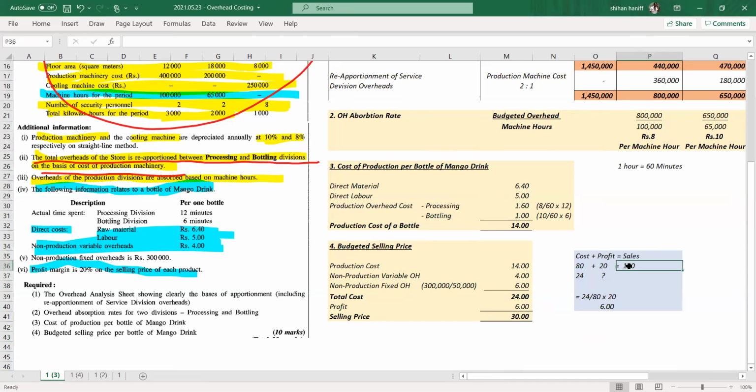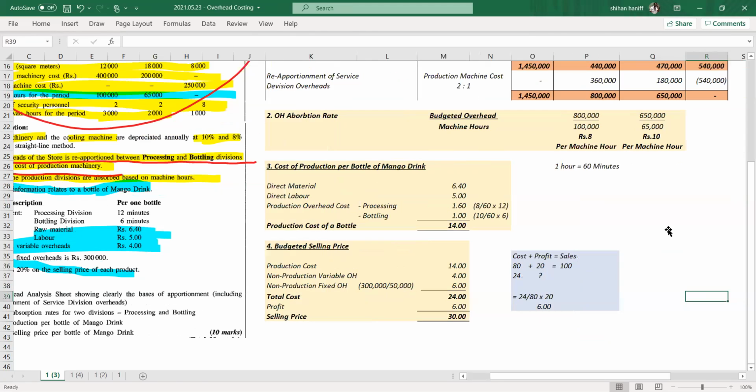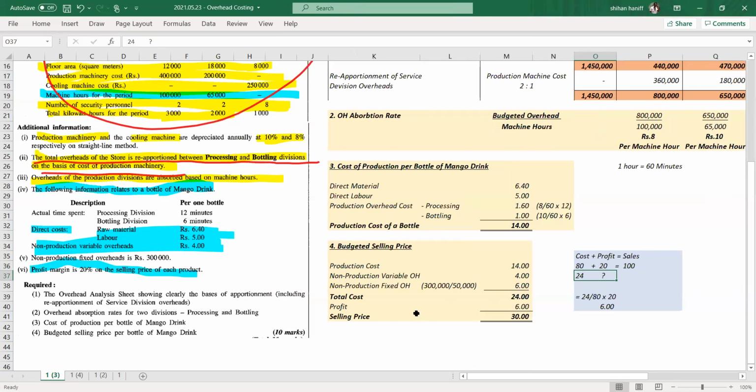Now profit is calculated using profit margin. There is something called profit margin and markup. So this is markup on sales. If the sales is 100, you have to calculate the profit. From 100 sales, profit is 20 and cost is 80. They have given the total cost as 24.